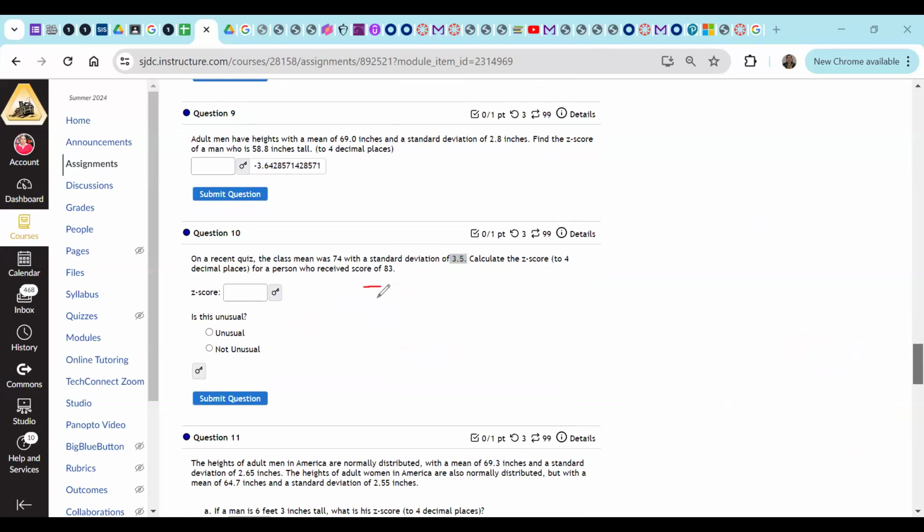So we are again calculating the z-score. Z-score is x minus the mean, and x is 83 here. So 83, take away the mean, which is 74, divided by 3.5. 3.5 is standard deviation.